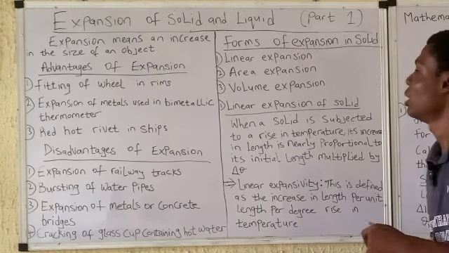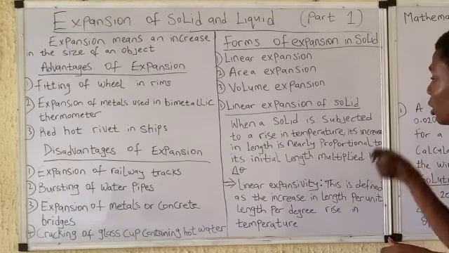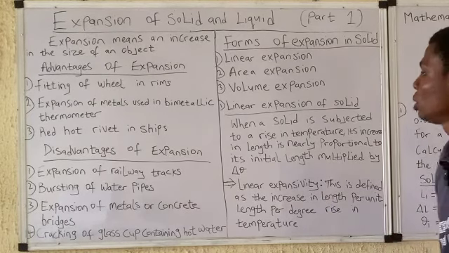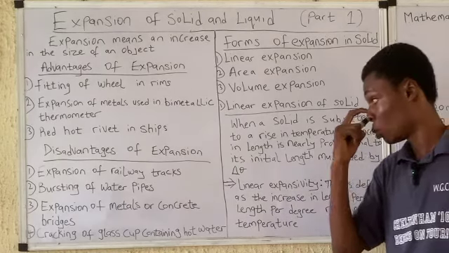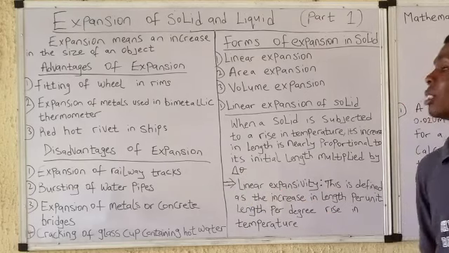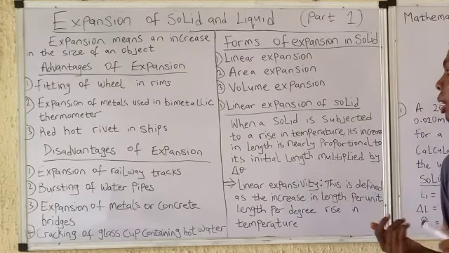When a solid is subjected to a rise in temperature, its increase in length is nearly proportional to its initial length multiplied by the change in temperature. Now, this is just telling us about the formula, how to derive the formula.